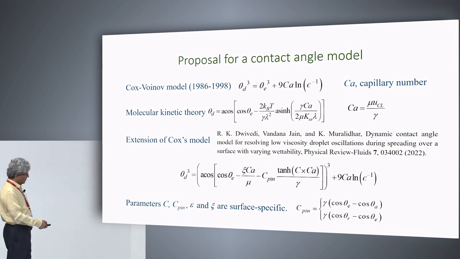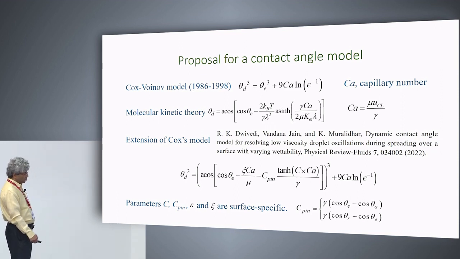So recently we have proposed a very elaborate contact angle model, which includes slip length, which is characteristic of the surface. It includes contact line friction, and also includes hysteresis, which is that C-pin, pinning coefficient.